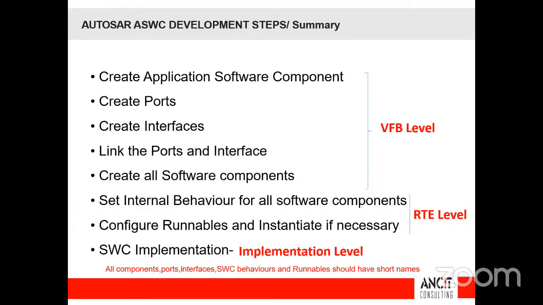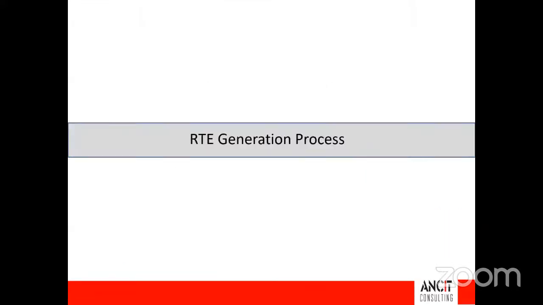Your function call is in one .c file, a function definition could be in another .c file. If I'm using a sender-receiver interface, it's again used for communication between two software components, but you are exchanging variables. You are transmitting one variable in one .c file, you are receiving the variable in another .c file. So that's the basic idea.